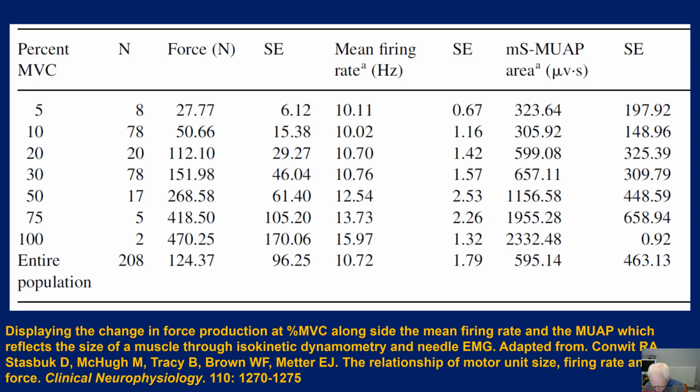We're adding the smaller units, we're adding the core and more, but we're starting to recruit larger units, and therefore the total area, the Henneman size principle here, motor unit size, has increased. We've not only got the slow twitch fibers, we've added on these faster twitch fibers. So the net result is the amount of force we're producing increases.